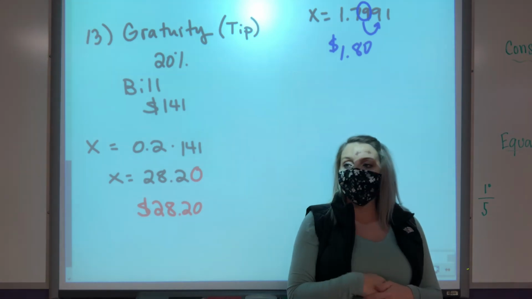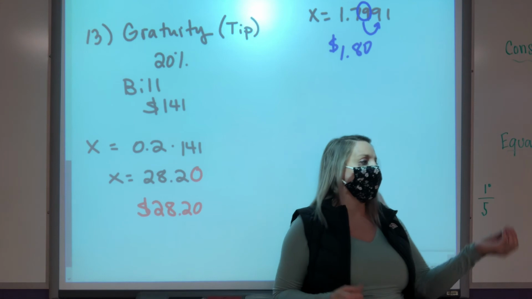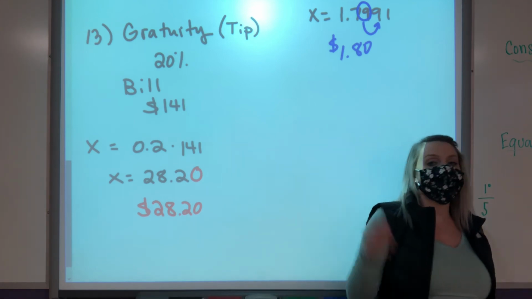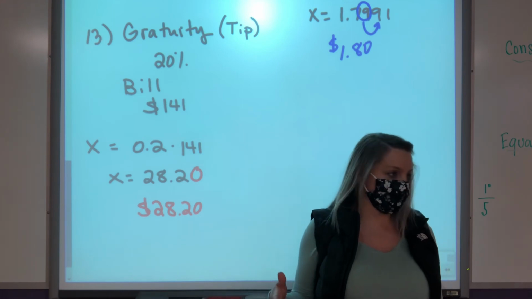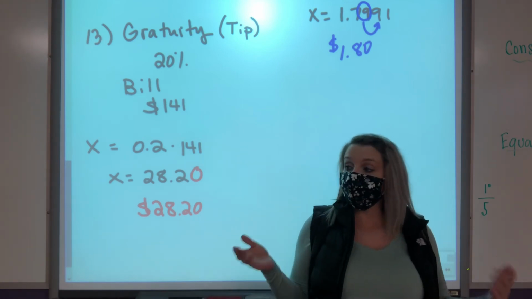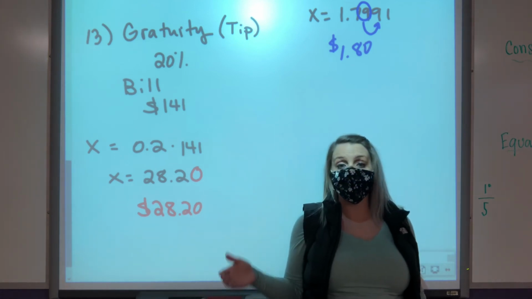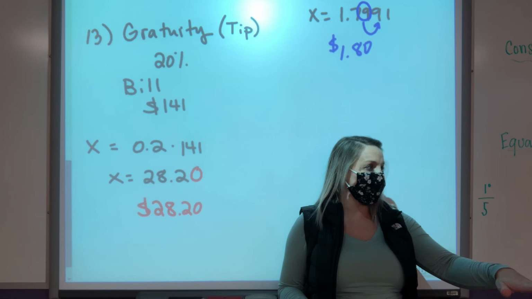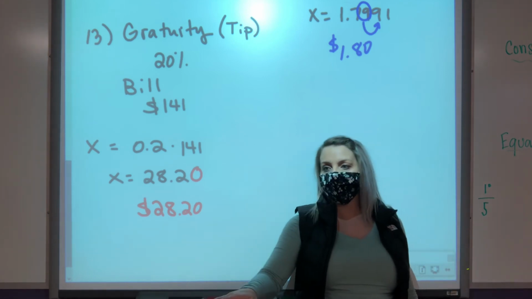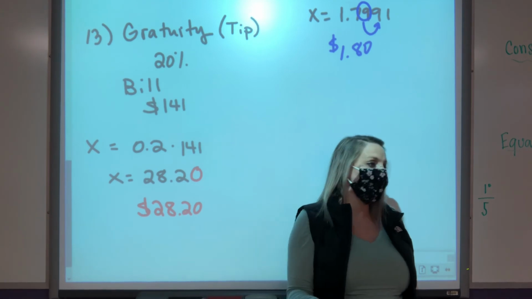Some people will only pay cash for a tip. So they might put their meal on their credit card or their debit card, and then they leave cash on the table later, or after they're all done. So that's two different ways. When we're talking about gratuity, we might pay it two separate ways. We might pay our bill with the debit card or credit card, and we might leave the tip or gratuity on the table in cash.